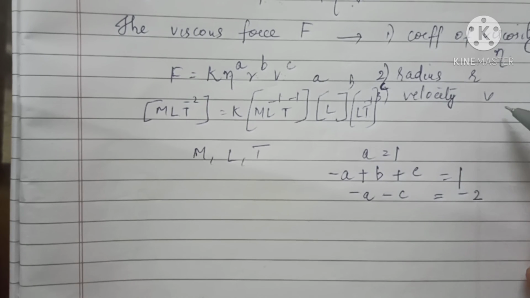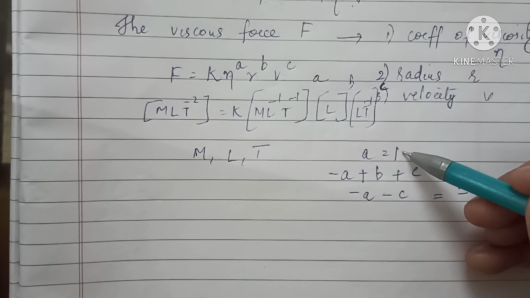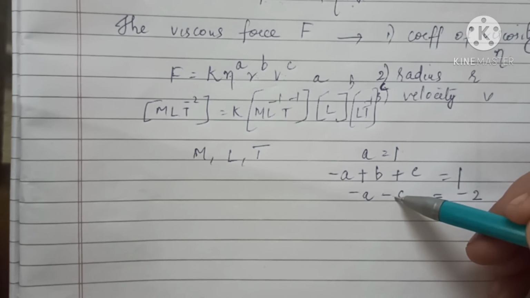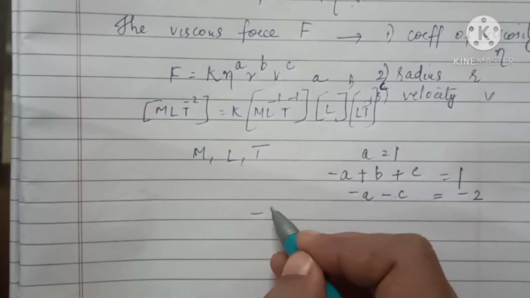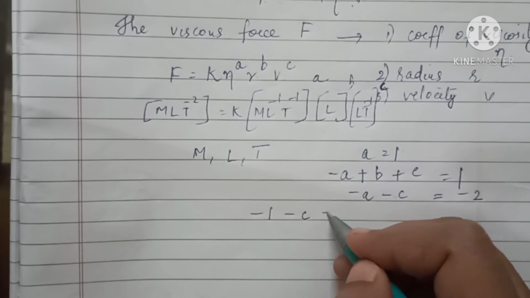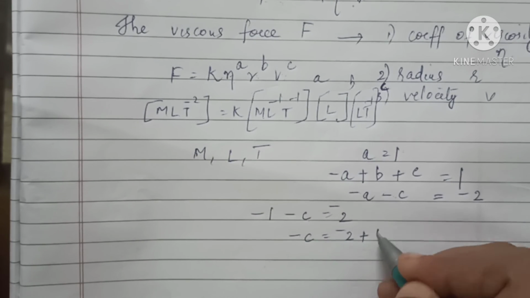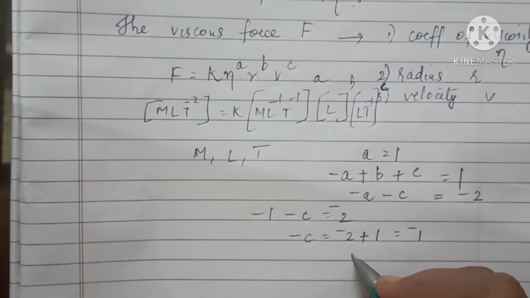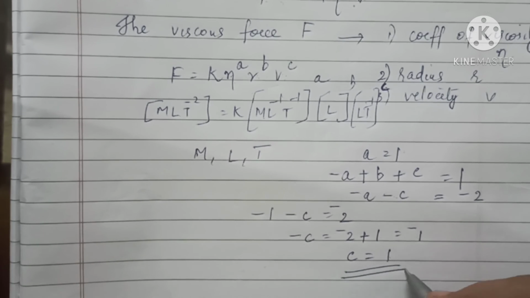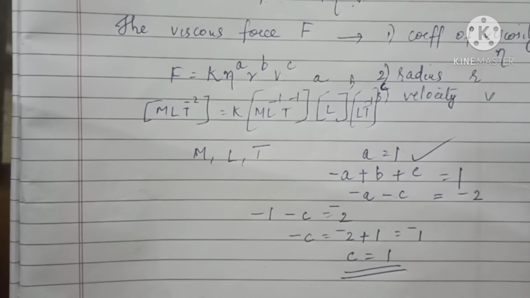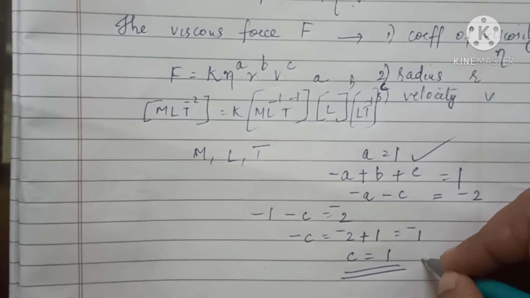Now you can solve. You have the value for a, put this in equation 3, that is minus 1 minus c is equal to minus 2. Minus c is equal to minus 2 plus 1, which is minus 1, or c is equal to 1. So you got the value for a, then you got the value for c.